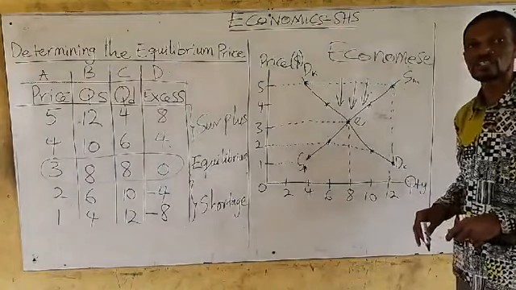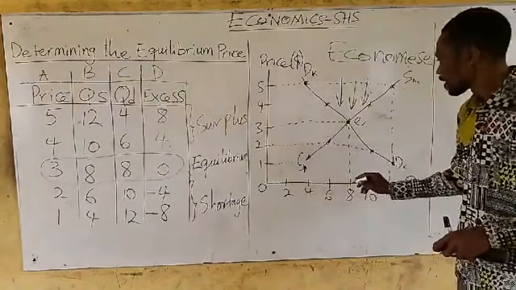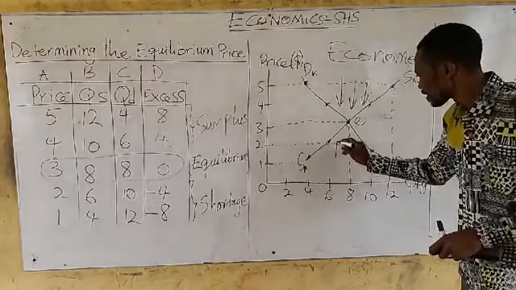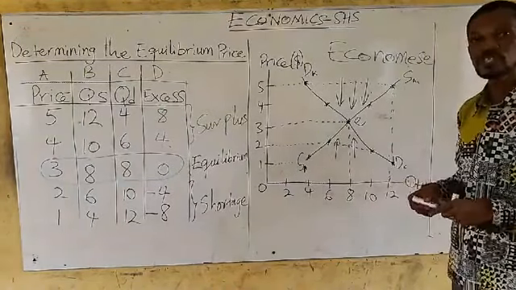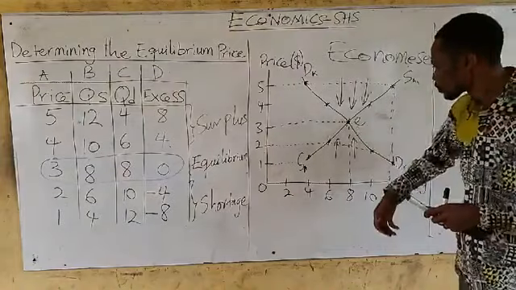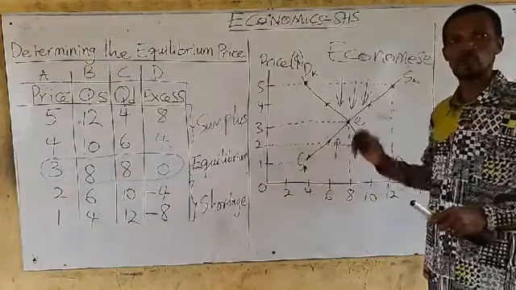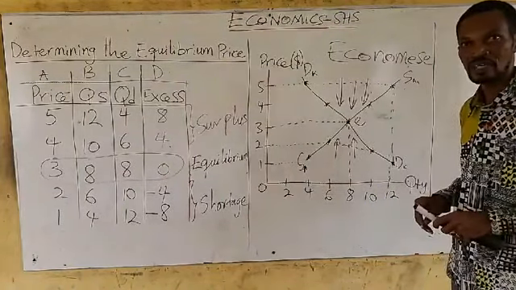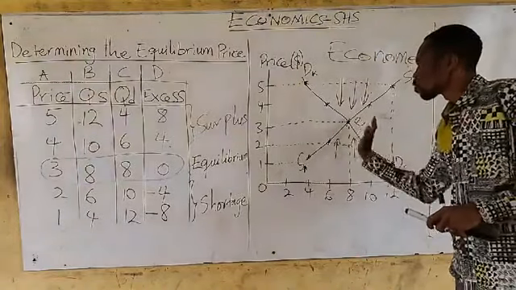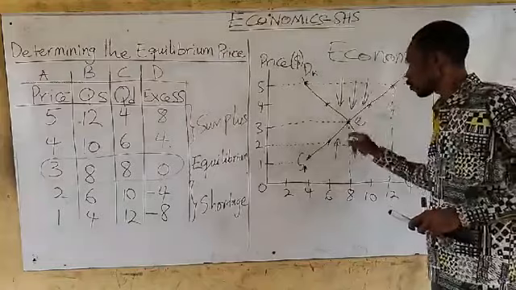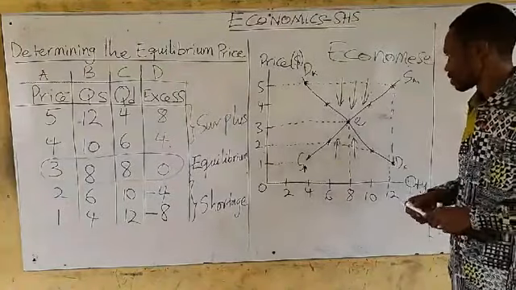The difference is 4. When you look at this side, any price below the equilibrium will push the price up. The center will push it to cause the price to move up. Alright? Price is moving up, pushing towards the middle.